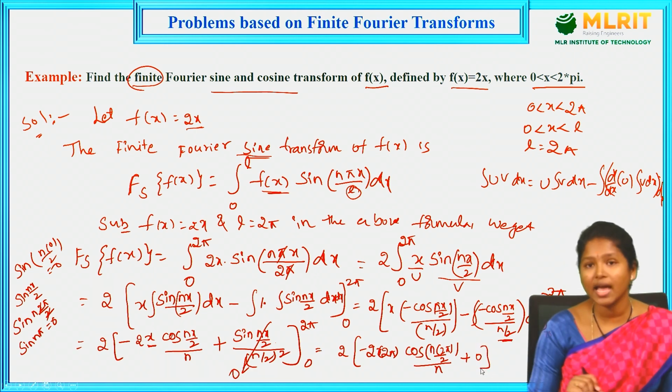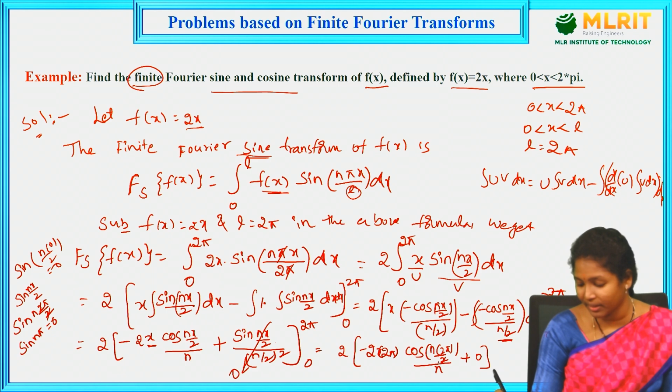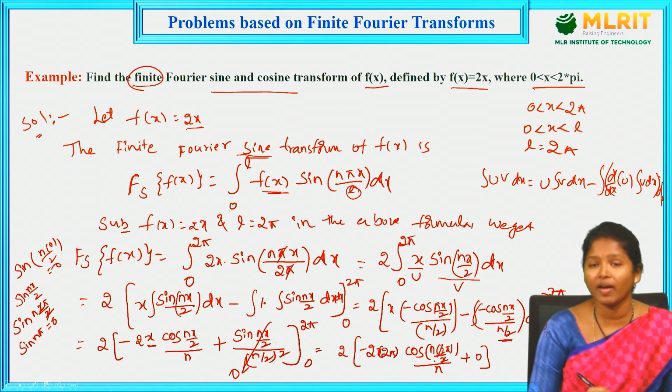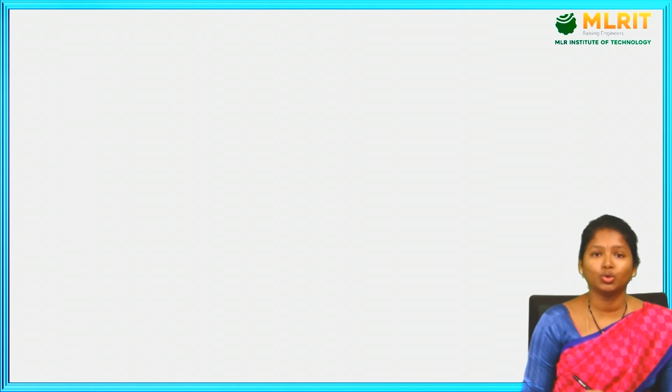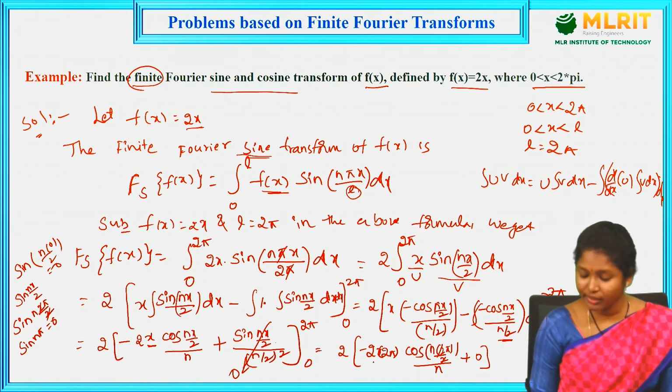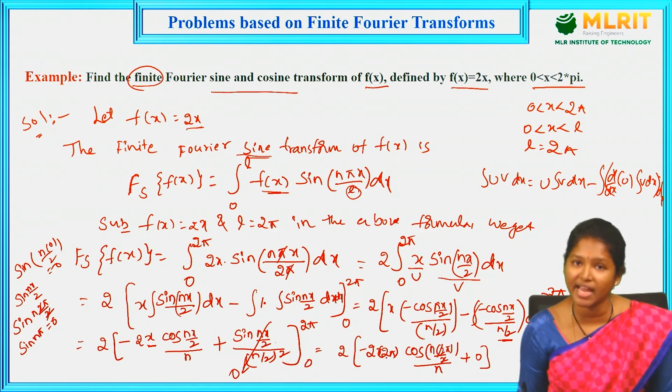So cos n pi value is, here 2 will be cancelled out. Cos n pi value is minus 1 whole power n, right? So 2 into 2 means 2 cube means 8.